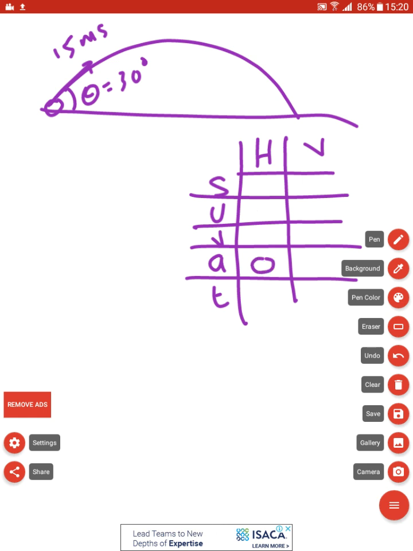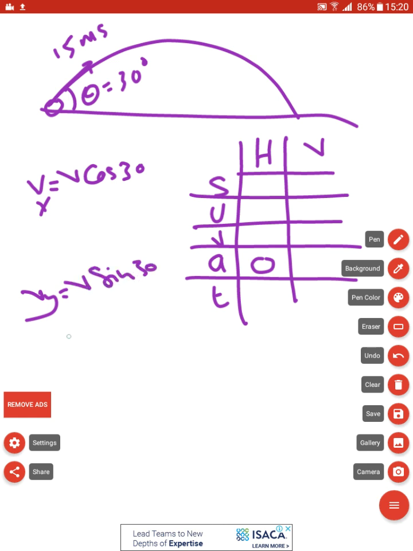Horizontal speed and vertical speed are unknown. Why? Because the speed is given with an angle. So what you have to do is find the speed on the x-axis, which is v cosine 30, and vy, which is v sine 30.